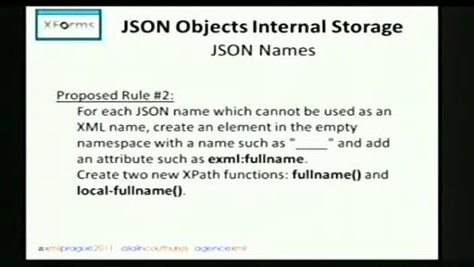Anyway, JSON is richer about names. So we cannot create directly an element if the name is too complex, with spaces, with accents, with anything. So let's use a specific element with a specific name reserved for that use.